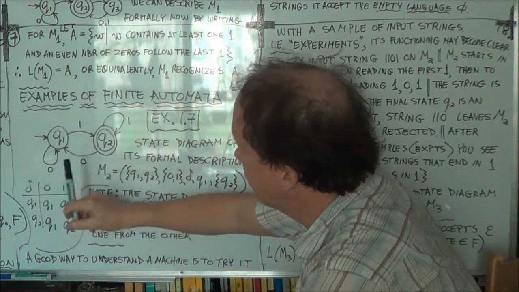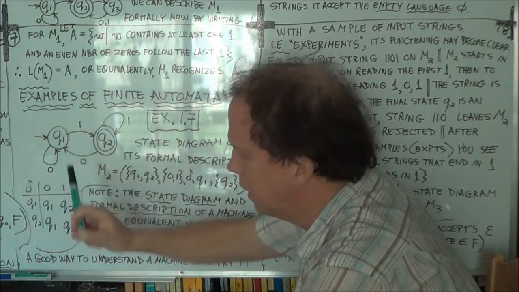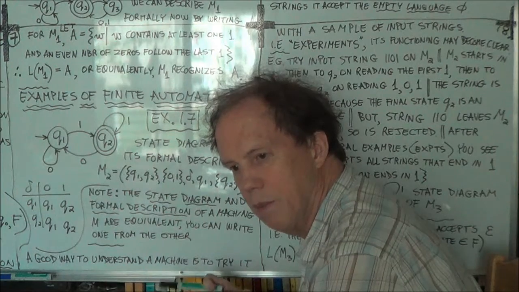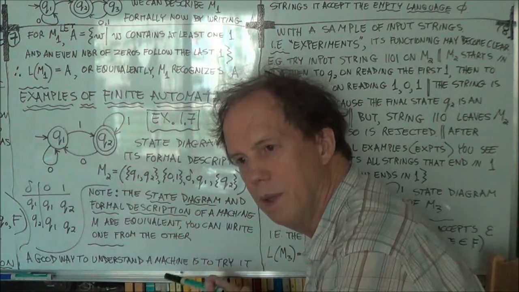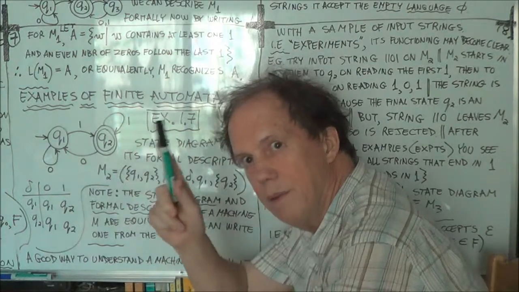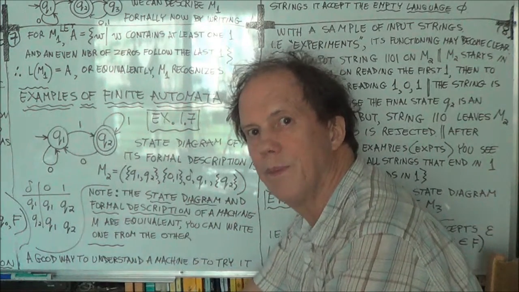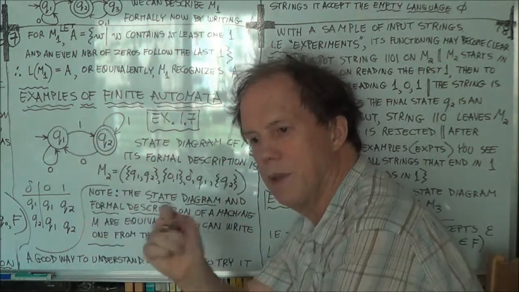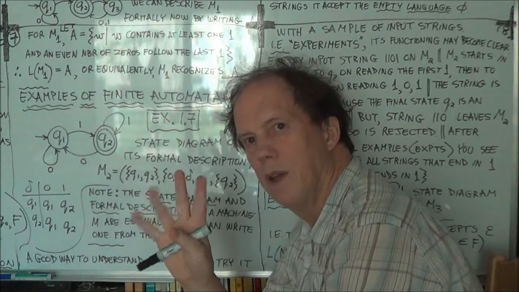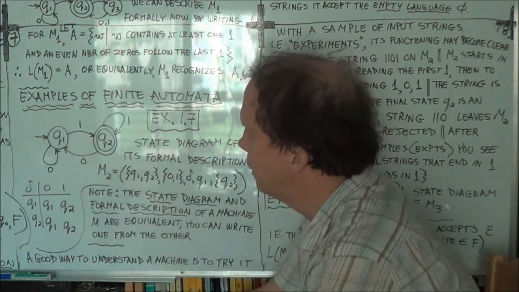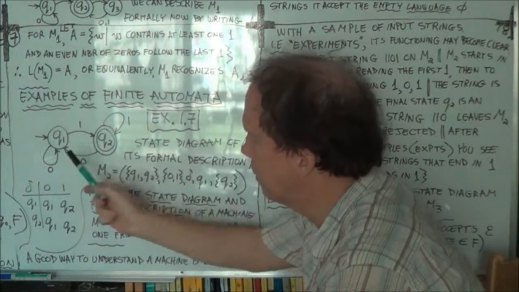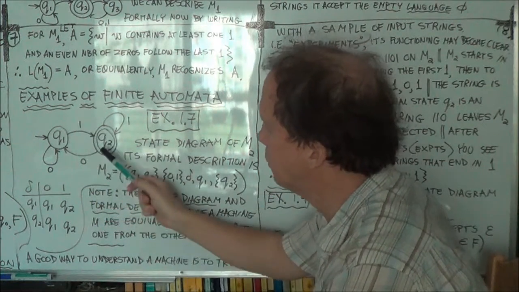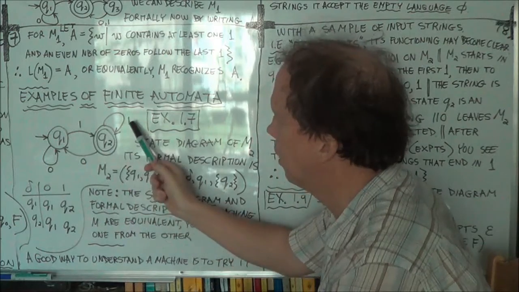For each state and for each possible input symbol, we need one next state. We have 2 states and 2 input symbols, so that's 2 by 2, a table with 4 entries. So let's do it systematically: Q1 0, then Q1 1, then Q2 0 and Q2 1.